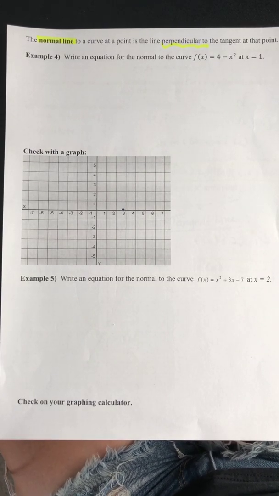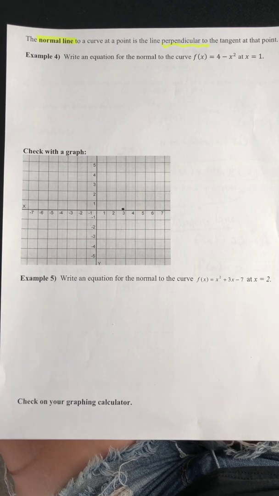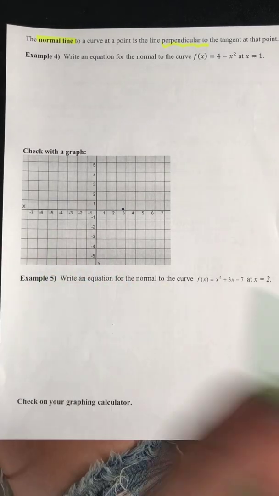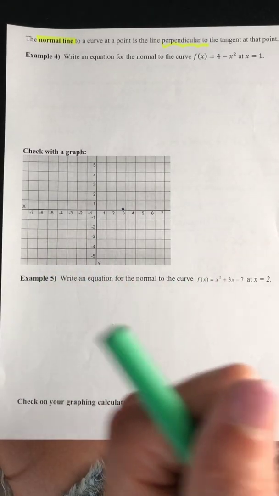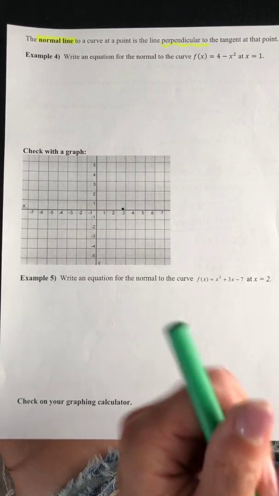You learned that parallel lines have the same slopes and perpendicular lines have opposite reciprocal slopes. So you have to dig up that old information. And remember that perpendicular lines always intersect at a 90-degree angle. That's what it means to be perpendicular.